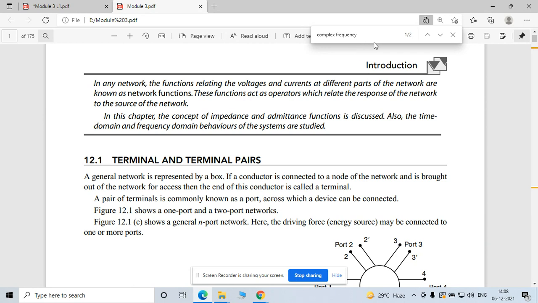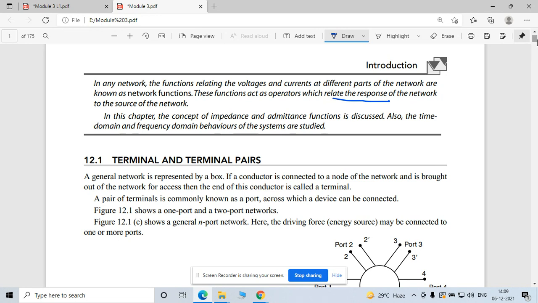If you take the ratio of these two, you will get the response. That response is nothing but your network response, or you can say the response is your network function. This function acts as an operator to relate the response to the source of any network.